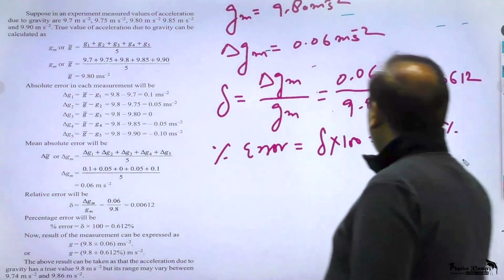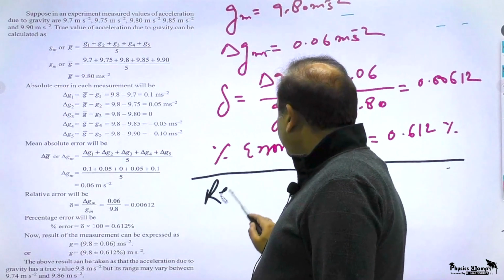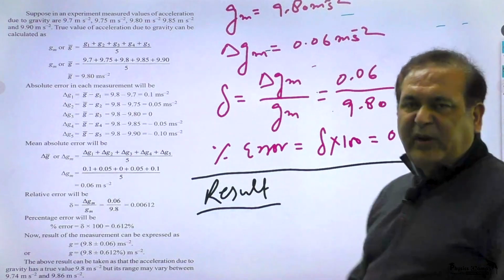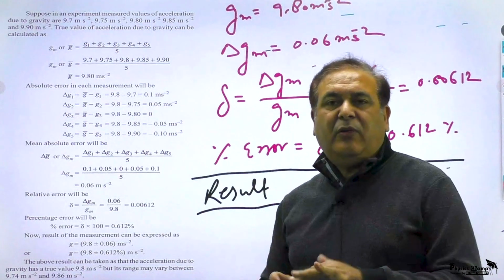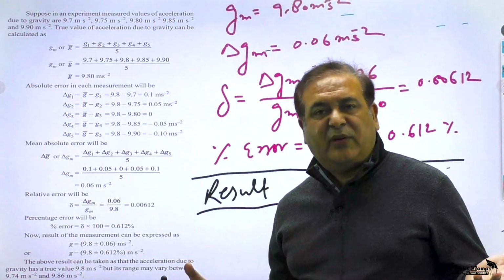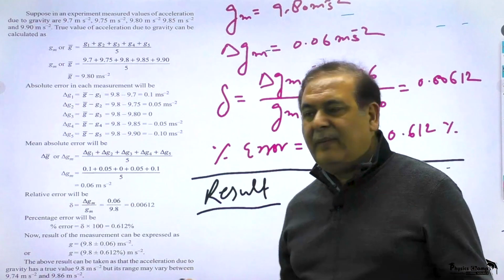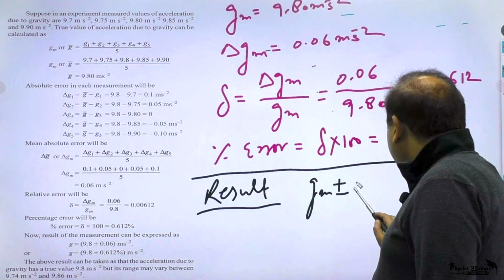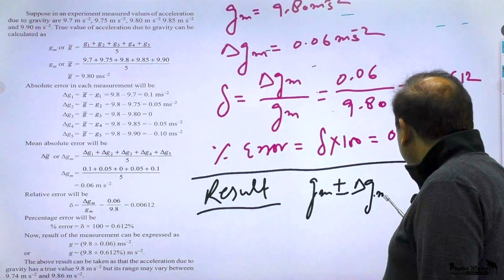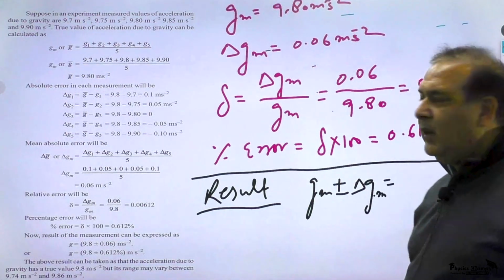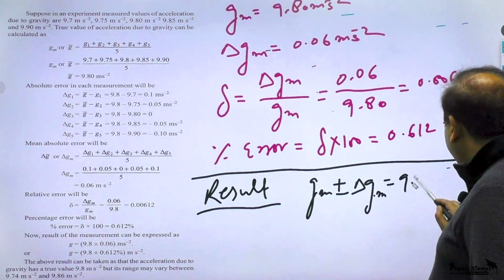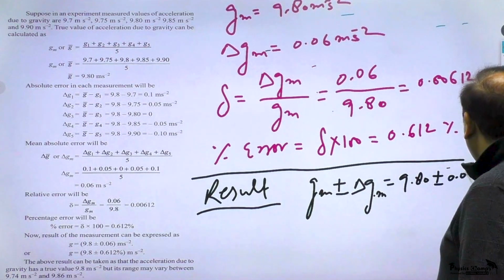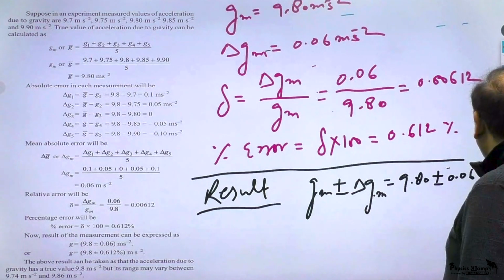Now, how to write the result? What are options to write the result? What is your final result of the observation or the measurement? So final result can be written in two ways: Gm plus minus delta Gm. Now that Gm is 9.8 plus minus 0.06 meter per second square.